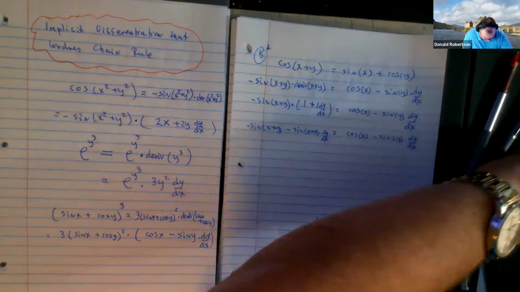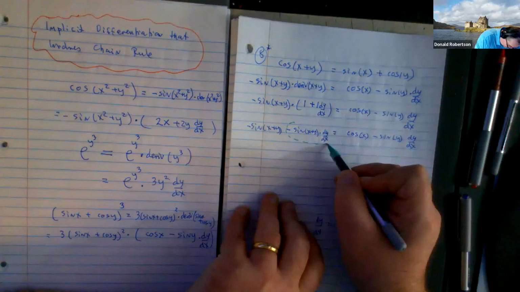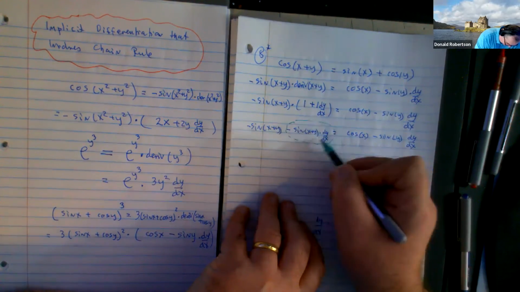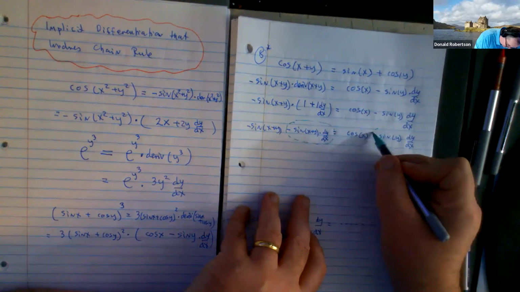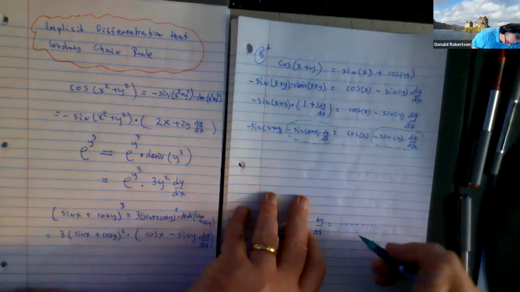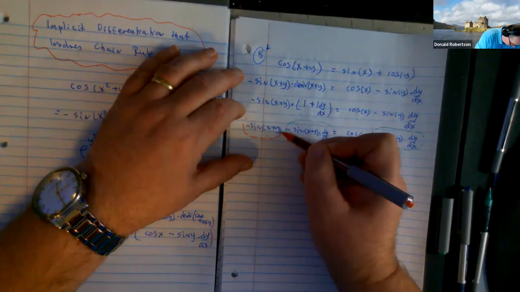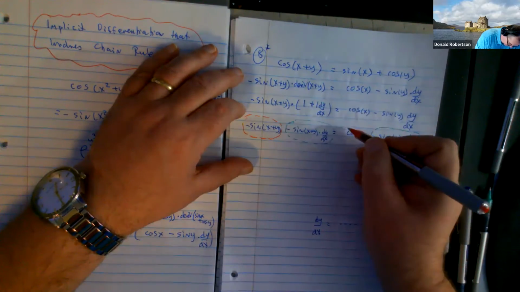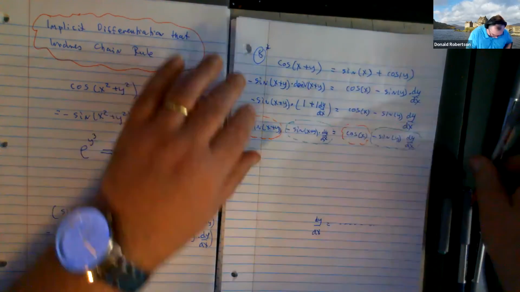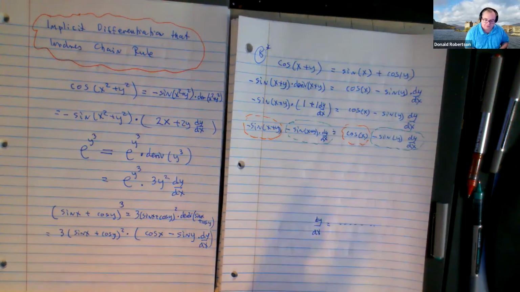Now what I see is I got this guy, which I kind of like because I like them on the left-hand side. And I've got this guy, which I wish was over here. And don't we have this guy who doesn't have a dy by dx on it, and this guy here who doesn't. So I'm basically going to move things around by adding or subtracting from both sides.